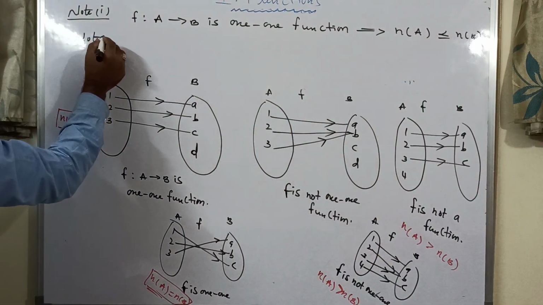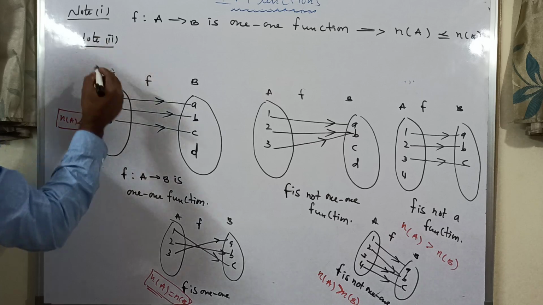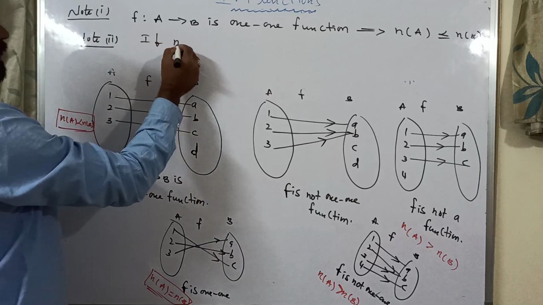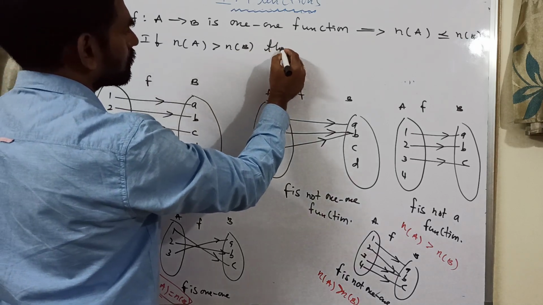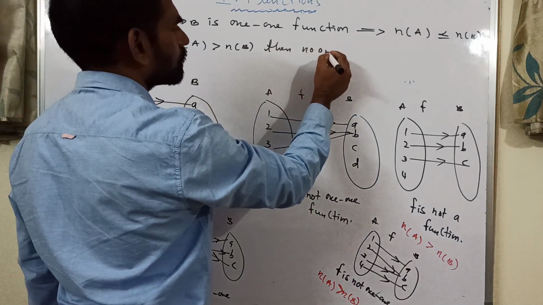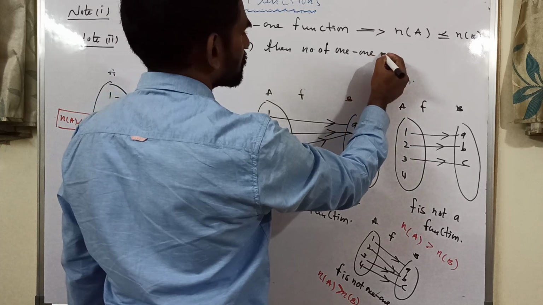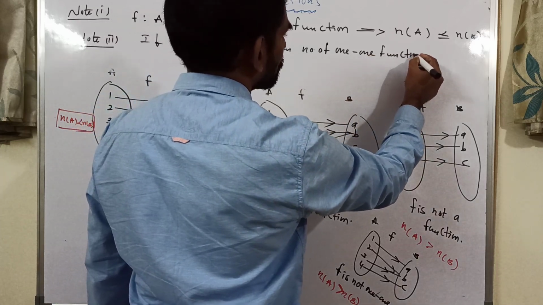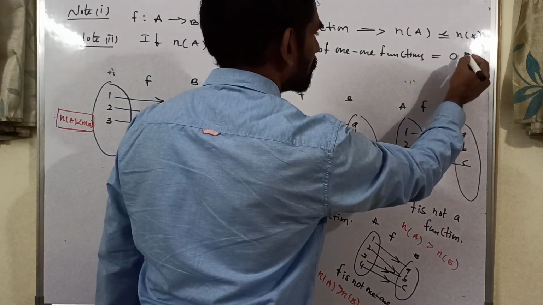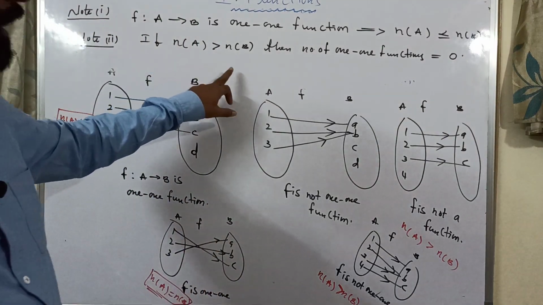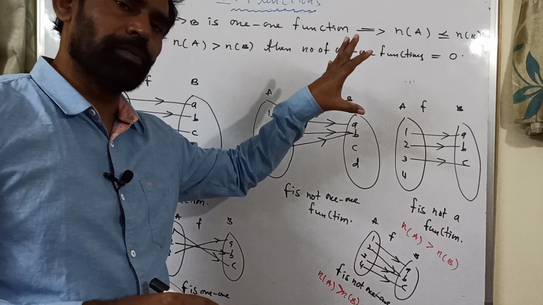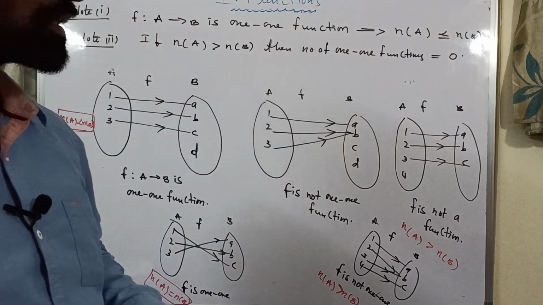Note 2. If the number of A is greater than the number of B, then the number of one-one functions equals 0. Whenever the number of A values is greater than the number of B, we cannot make the diagram a one-one function.